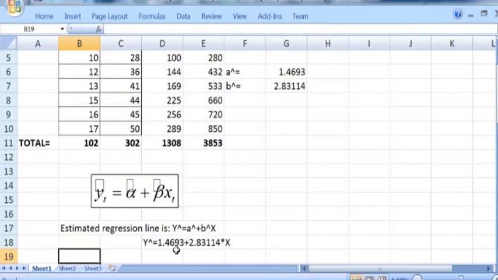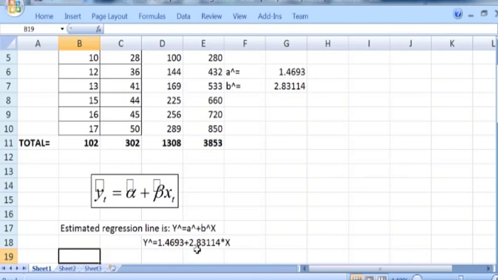This gives us the average value of y when x is 0. So when x is 0, y will be equal to 1.4693 on average. So without considering x, y will be 1.4693, not exactly, but on average.